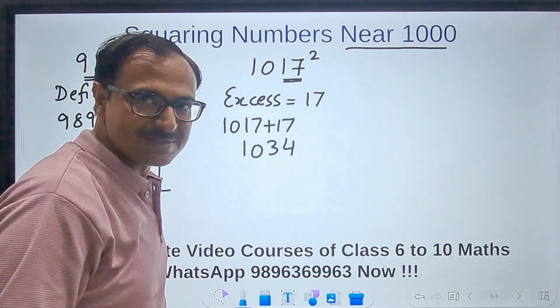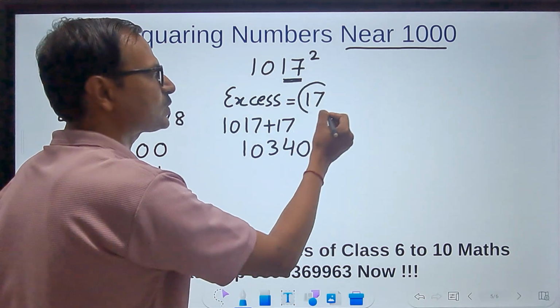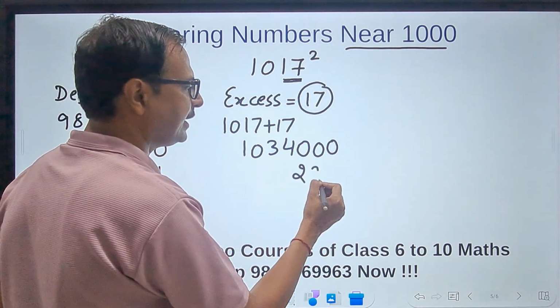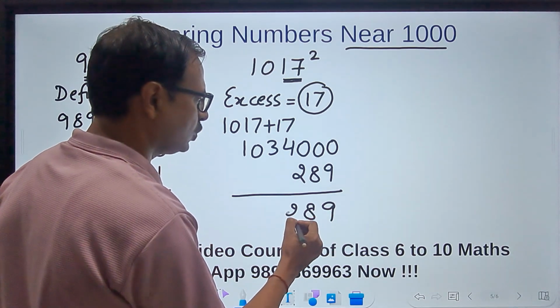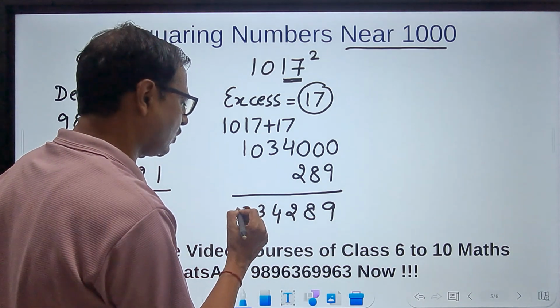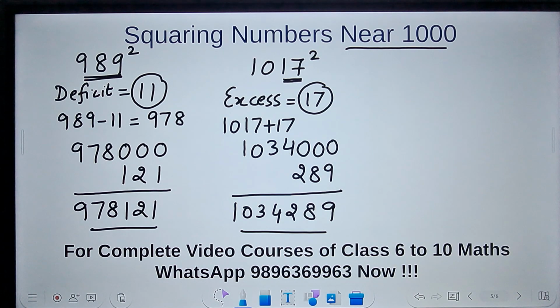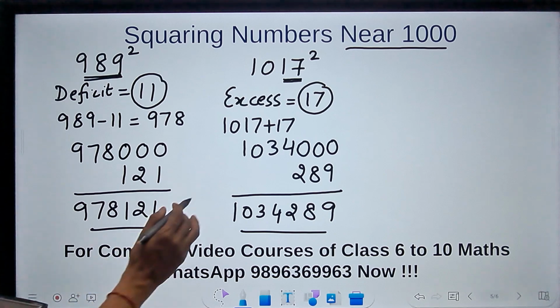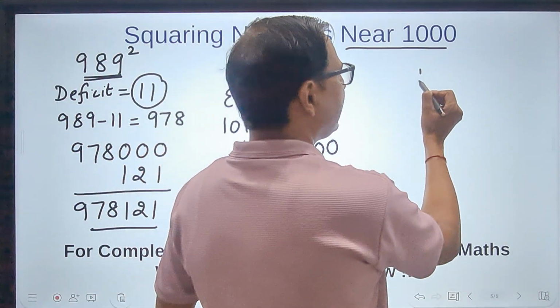Now what do you do with this? You have to suffix 3 zeros, and then what is the square of 17? 289, and just add them. So the square of 1017 happens to be 1034289.